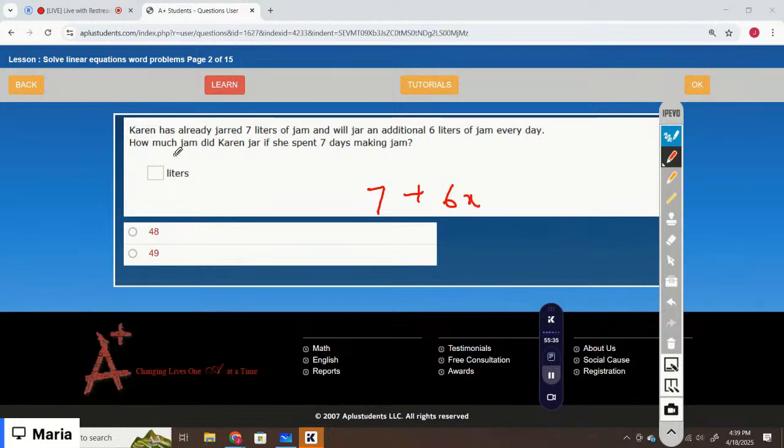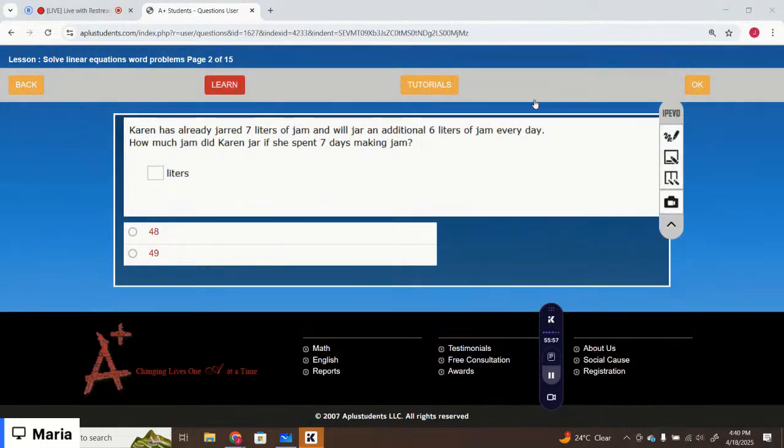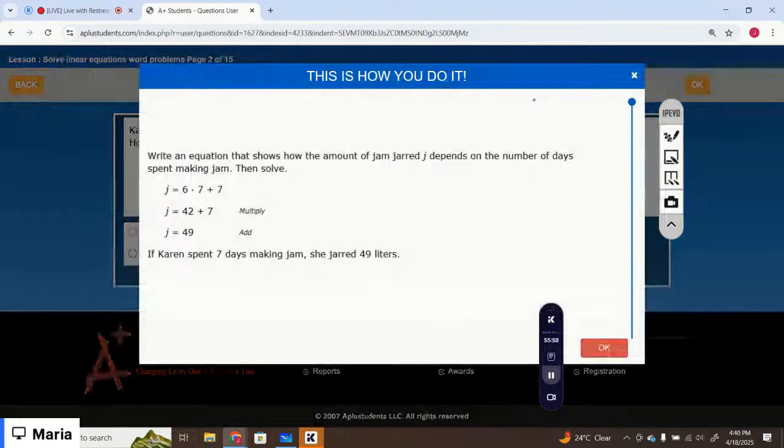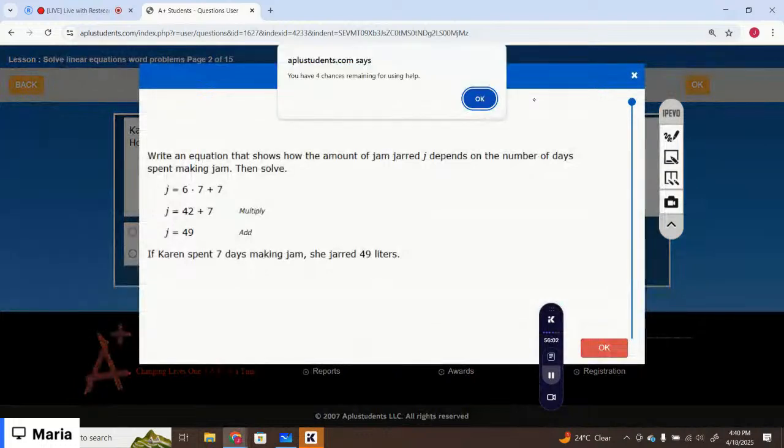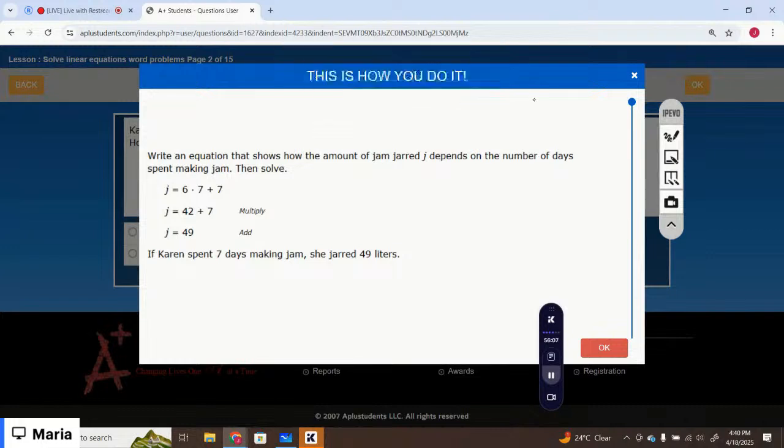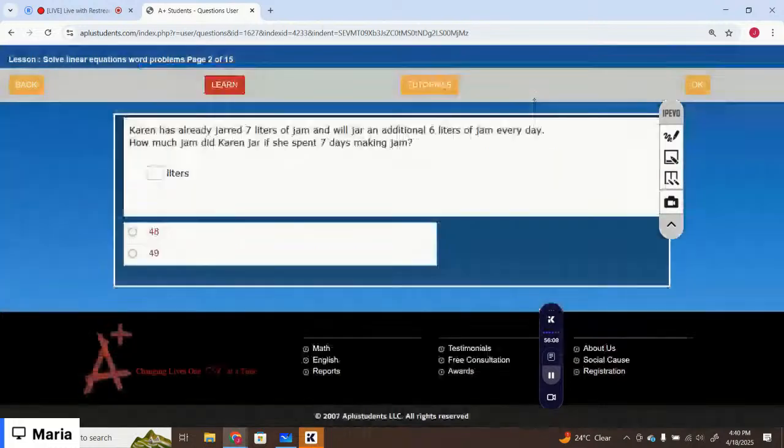So, move 7 to the other side. No, I think this is not the correct equation. Okay, that is J is equal to 6 times 7 plus 7. So, that is 49. The correct option is 49. Option number two is the correct option.